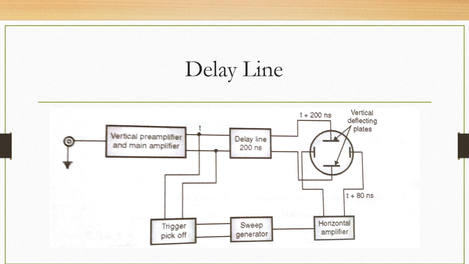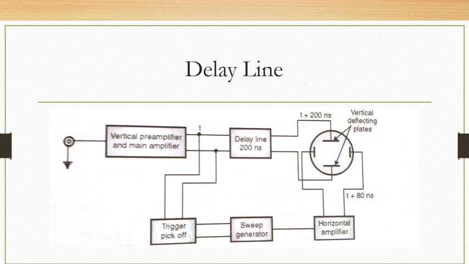Now in this lecture we have to start with the delay line. The delay line is again very important. So why the delay line is required, that we have to understand first. All of the electronic circuits which we are using in the oscilloscope take a certain time for their operation.